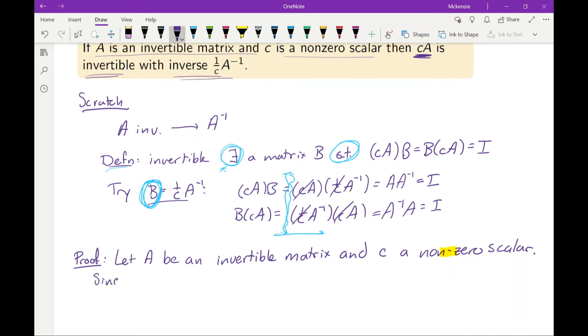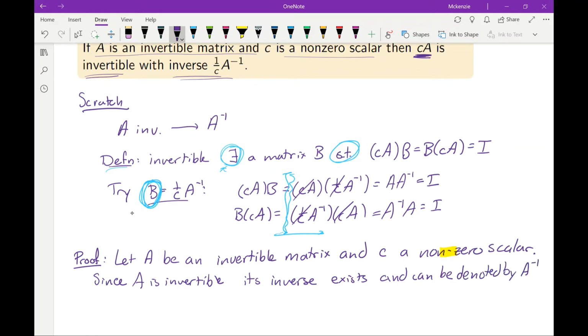Since A is invertible, its inverse exists, and can be denoted by A to the minus 1.